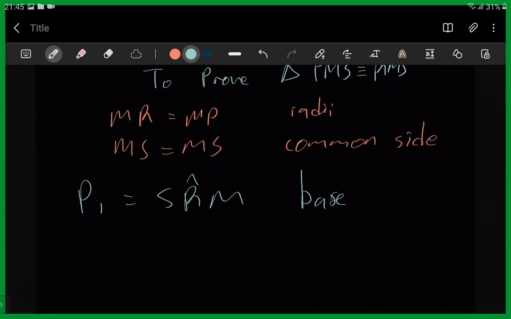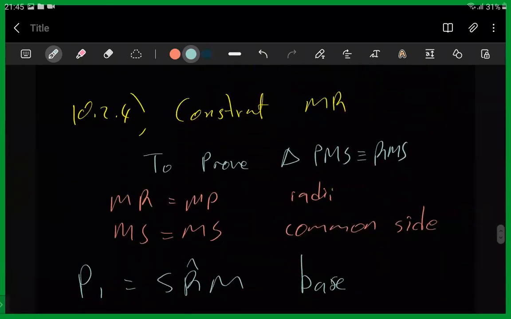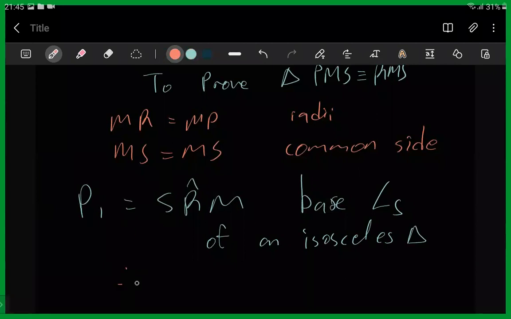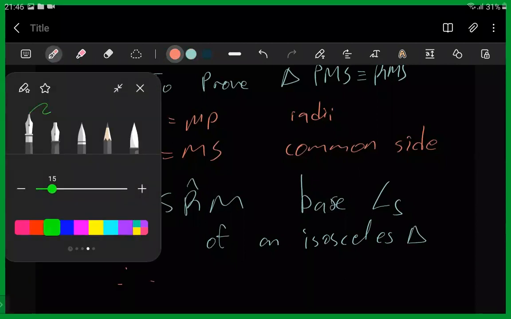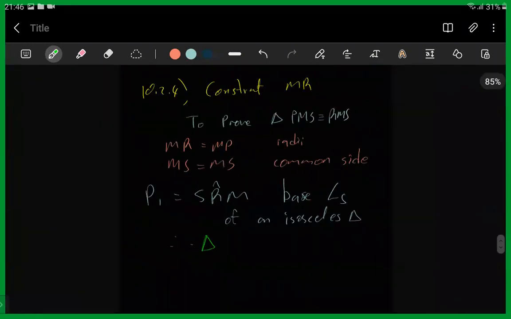Do you see the green dots there? Base angles of an isosceles triangle. So here you can now say, therefore, triangle PMS is congruent to triangle RMS.